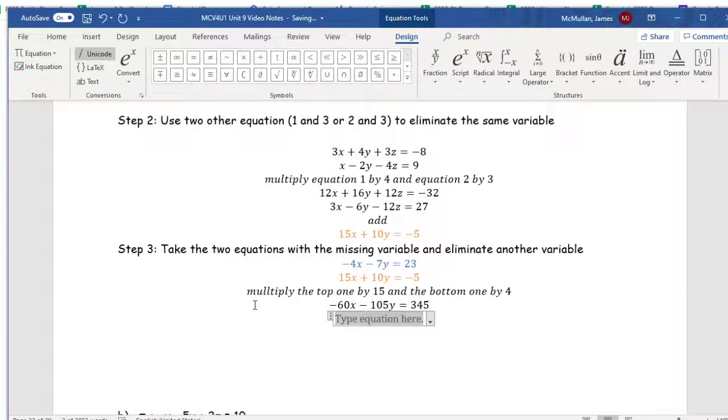The bottom one by 4. 60x plus 40y is equal to negative 20. Okay, now I'm going to add. I get negative 65y is equal to 325, and so y is equal to negative 5.